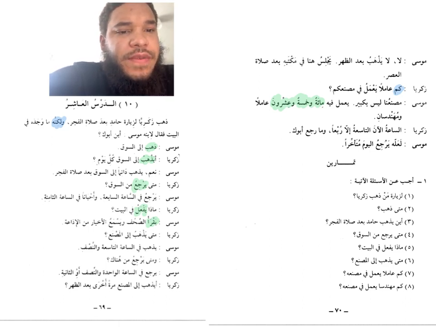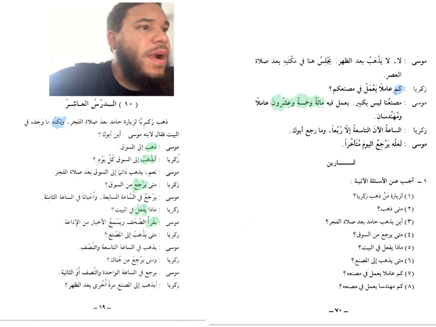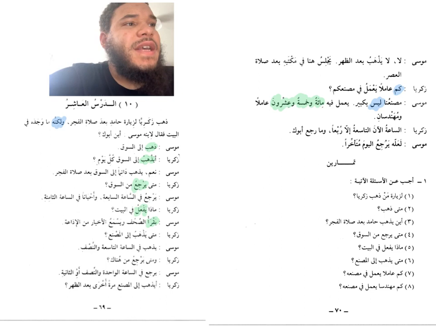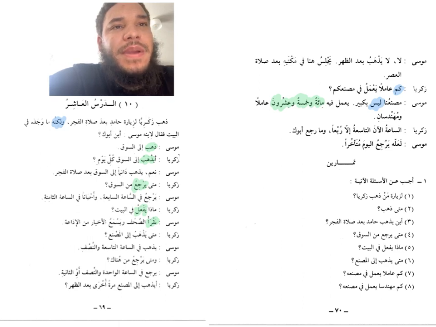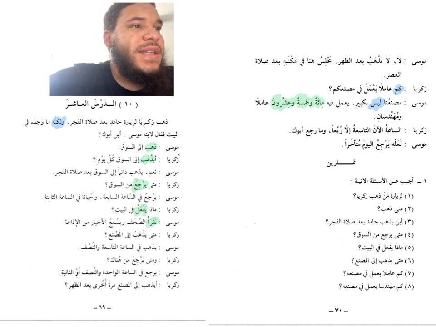Also, we've learnt previously laysa. Laysa is a way to negate the nominal sentence. So laysa masna'una bikabirin. Our factory is not big. So laysa is to negate the nominal sentence. Okay. And la'alla.